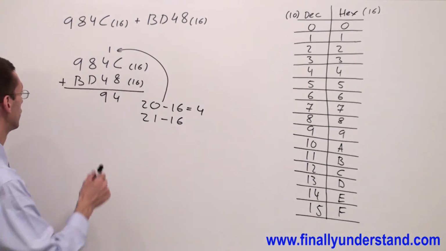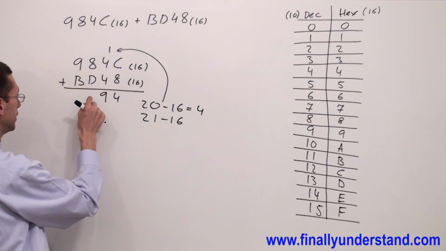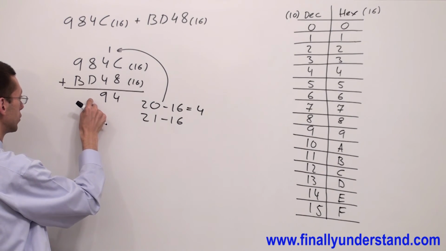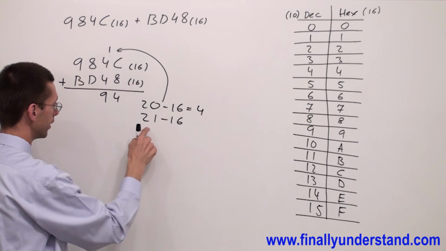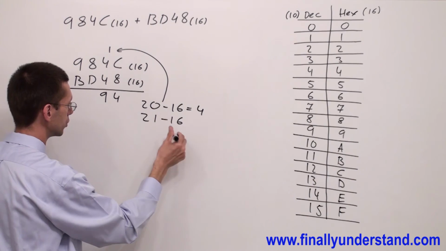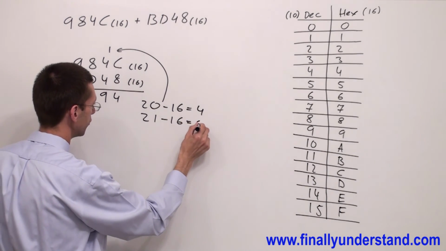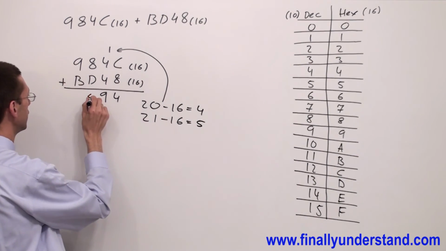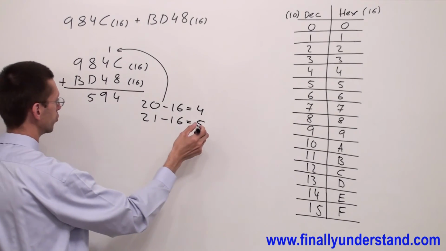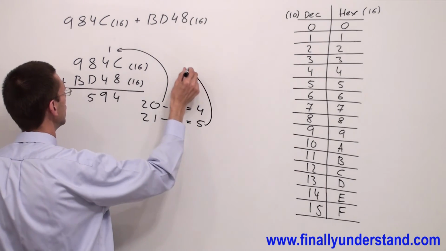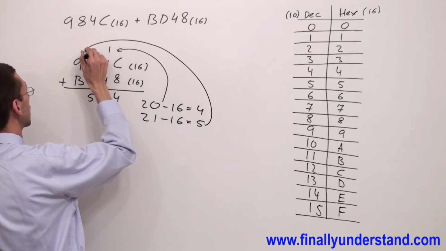Remember, we have only one spot over here, and the highest number which you can write over here is f. Okay, 21 is too much. 21 minus 16 is equal to 5. That's why I'm supposed to write 5 over here. And because I performed the subtraction, I'm supposed to carry off 1 to the next column.